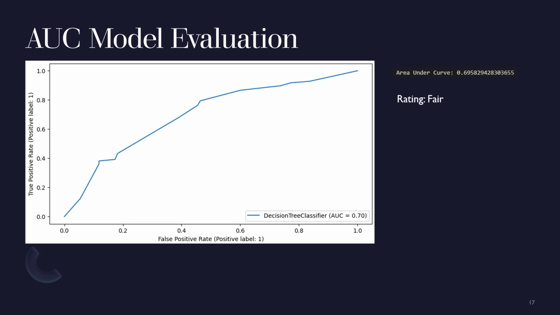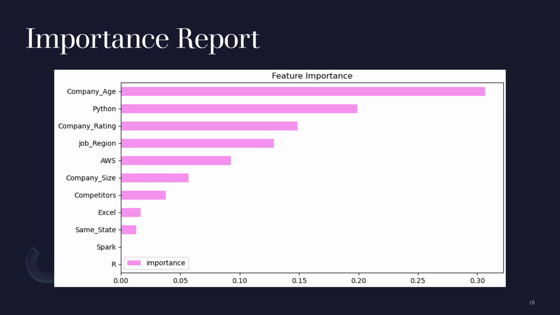However, the most important factor that was found was company age. And this is the most important factor that would determine whether or not you were able to earn above median annual salary for employment.